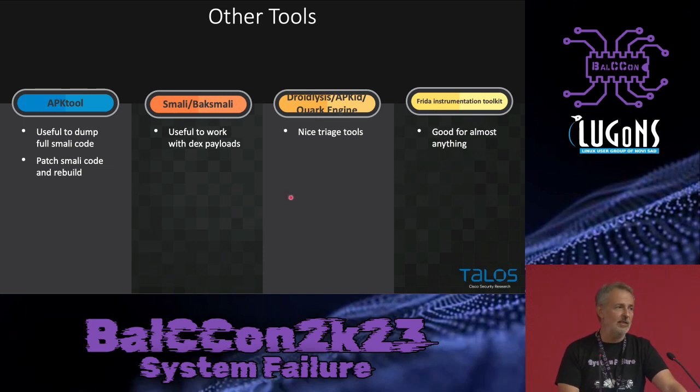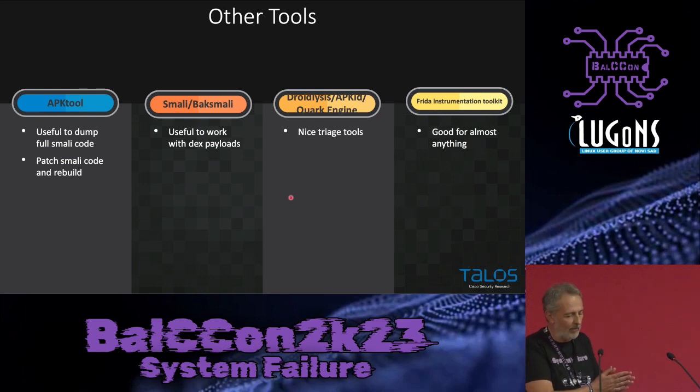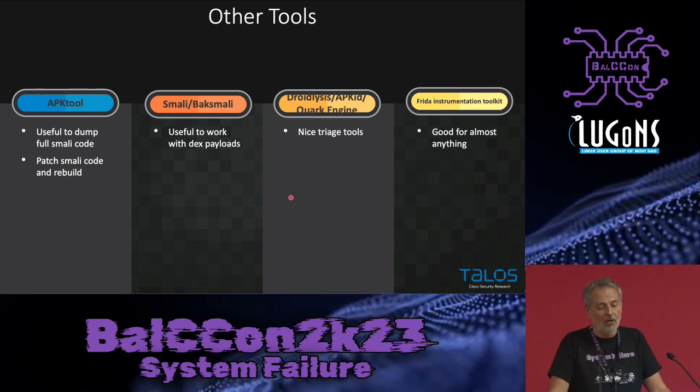There are some tools that are useful for triage. One of them is called Quark Engine. It's a set of Python scripts that disassembles or takes apart the APK file, looks into classes.dex, finds suspicious functionality, gives it a priority, and then you can drill down.